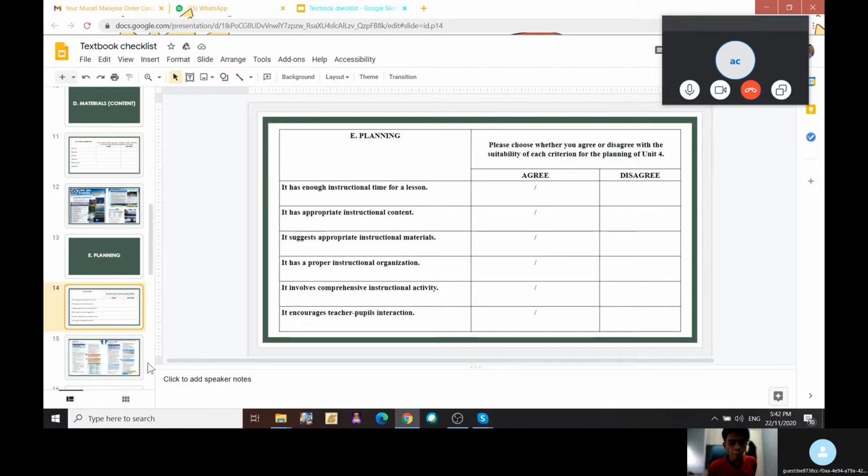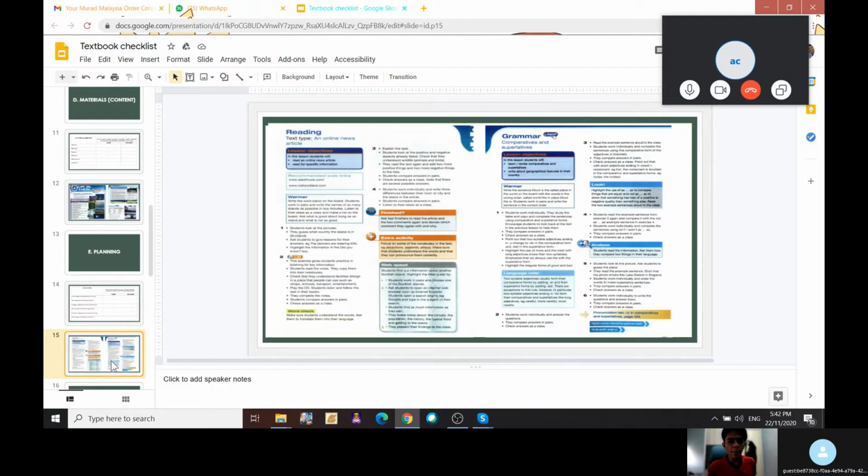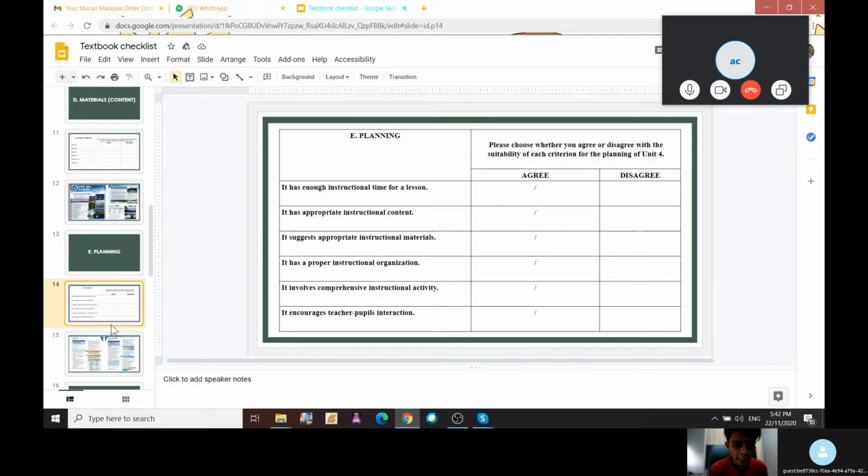Okay, so now we're moving on to the example of the syllabus inside the textbook. So here we can see that in a page where we can see reading inside, it has instructional time for a lesson.